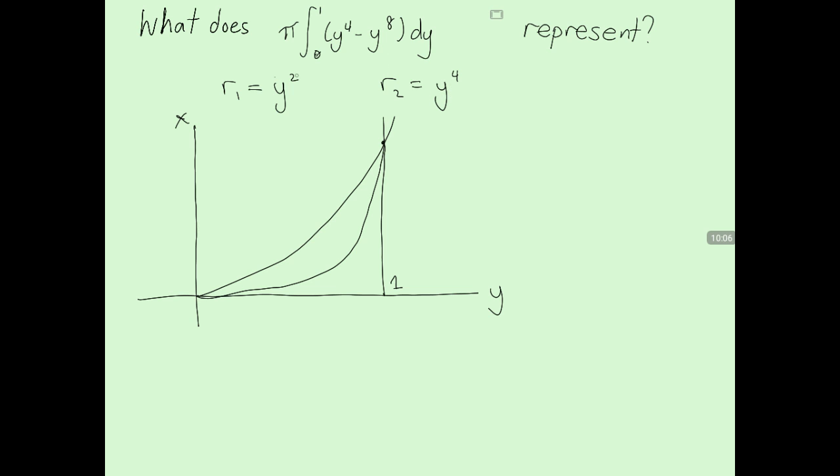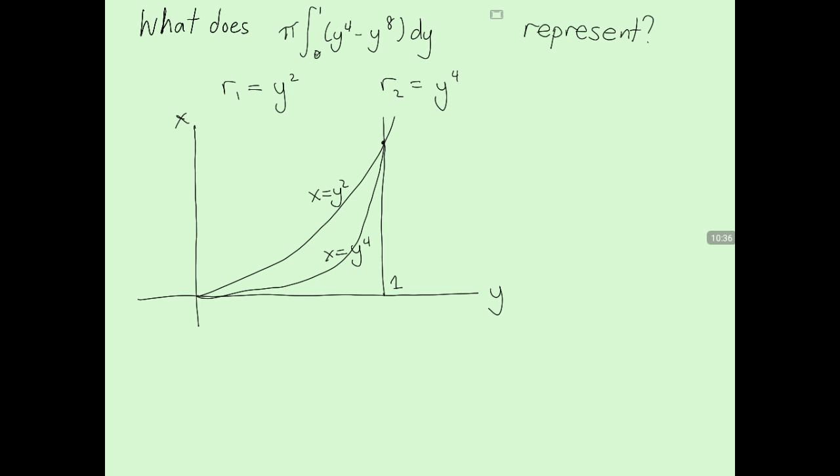So right now we have here x equals y squared. And here we have the function x equals y to the 4th. So in fact, we're taking these functions and spinning them around the y-axis. So in a sense, we're spinning the entire area underneath this y squared function from 0 to 1.